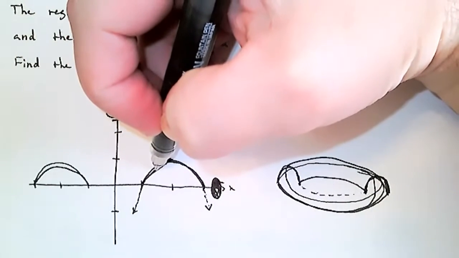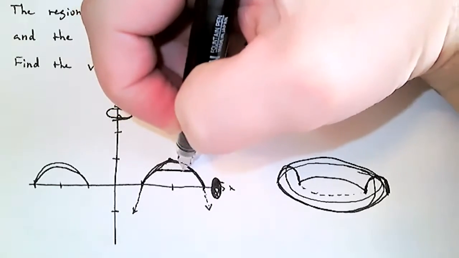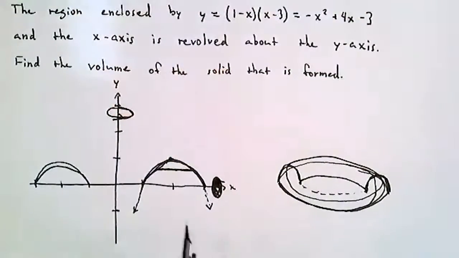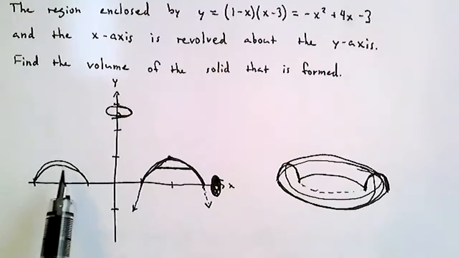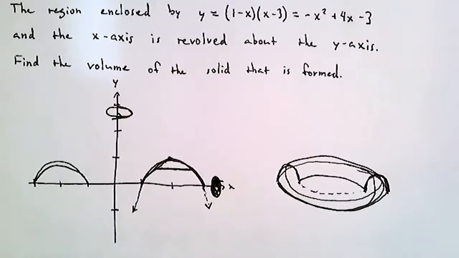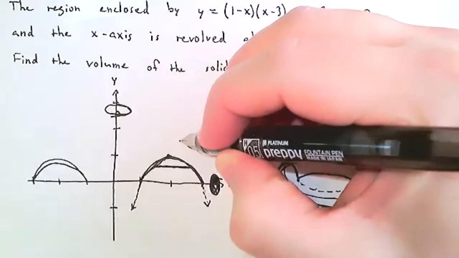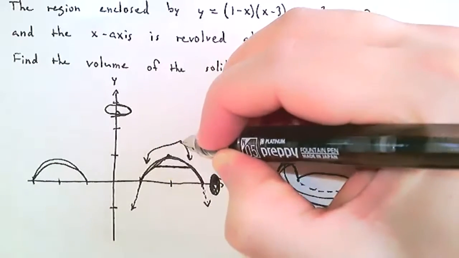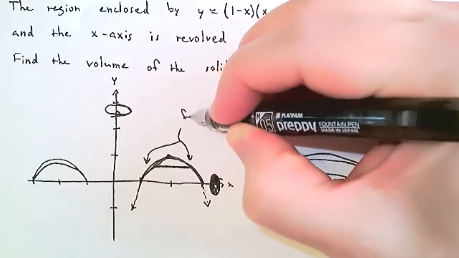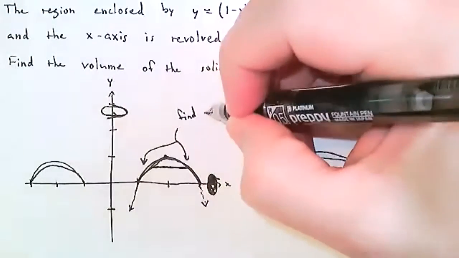So if I was going to use a method from last time, we would need to use washers to make slices this way and across there as well. But in order to do it this way, we have to find the distance between these two legs of the parabola.